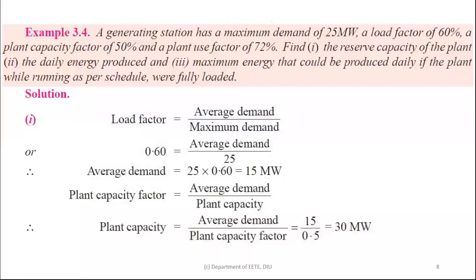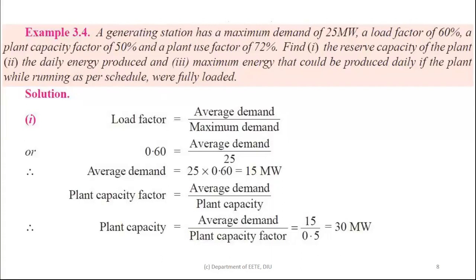Clear? First, we needed the reserve capacity, which is plant capacity minus maximum demand. The plant capacity is related to the plant capacity factor, and the average demand was missing, so we found it from the load factor and the maximum demand.